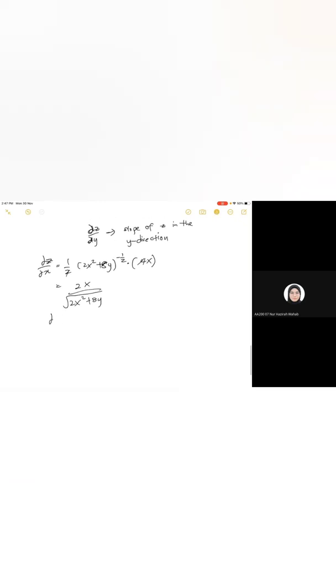So del z del x at the point of 2, 1 means your x is 2, your y is 1. 2 times 2 over 2 times 2 squared plus 8, 1, which is 4. 8 tambah 8, 16, so 4 over 4 something kan? 1. Okay, so you can find del z del y pula.